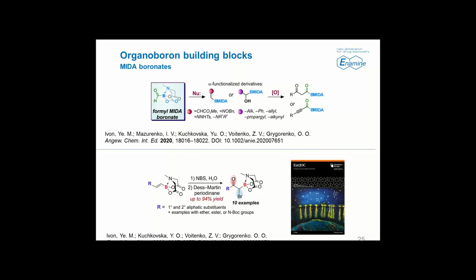We have extended this chemistry to a large series of aliphatic sp3 enriched compounds, and this was published in EurJOC and was highlighted by this nice Van Gogh style cover picture. This was made by my friend Vitaly Boklashuk. In fact, this is a real painting, so it was painted and then photographed for the cover of this journal.